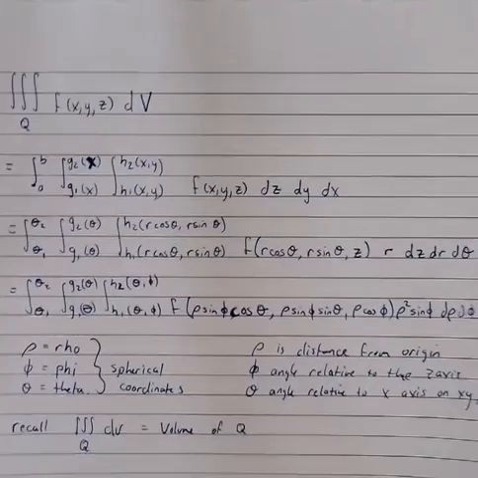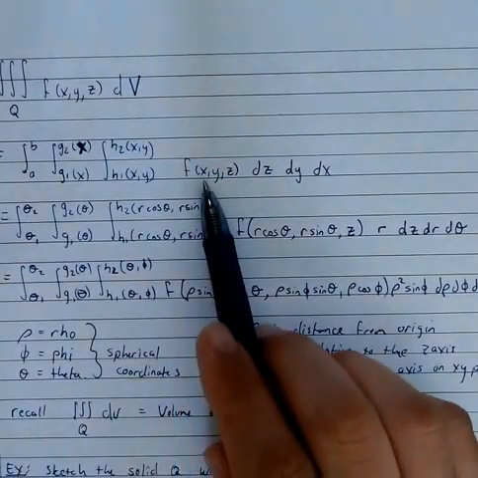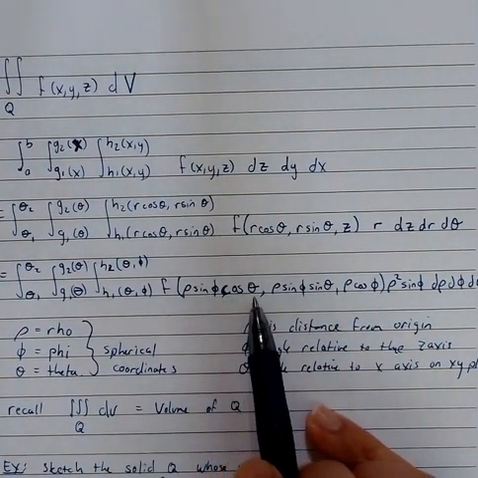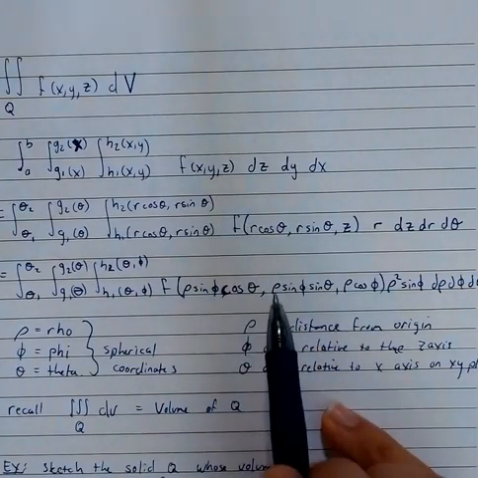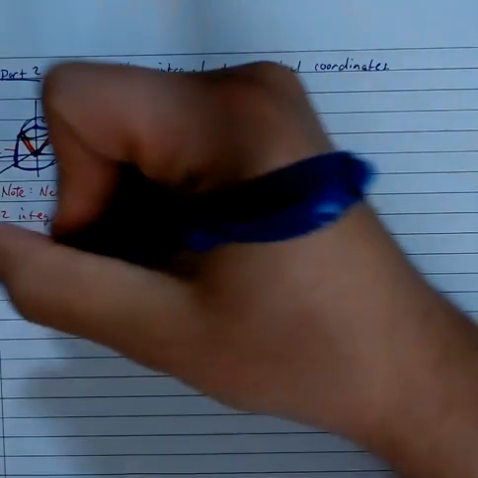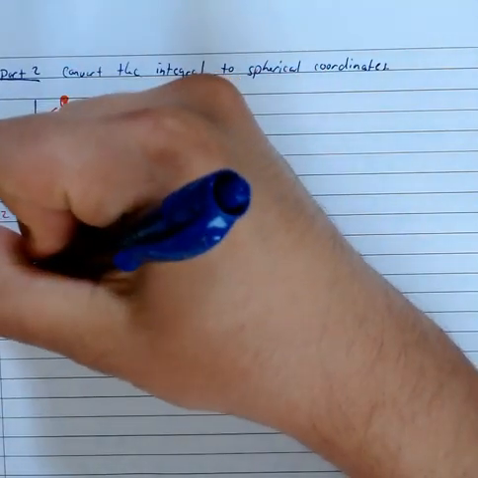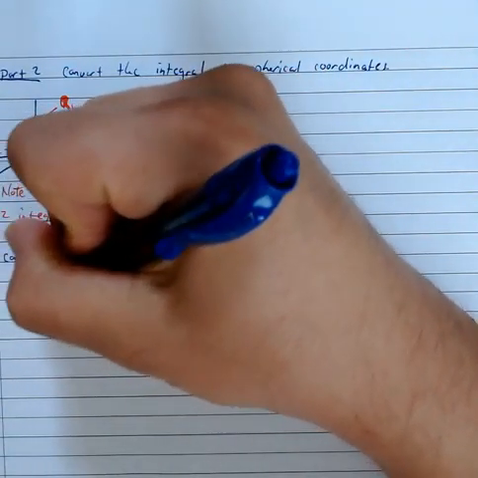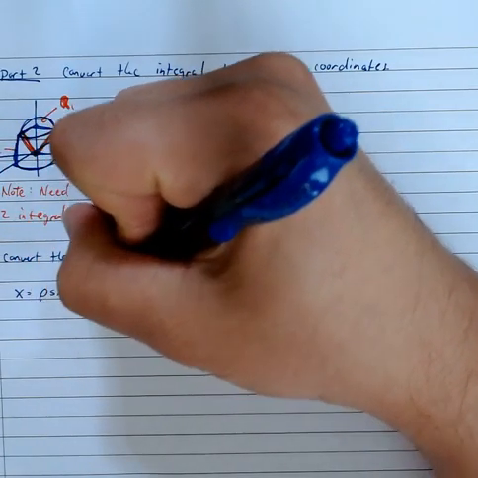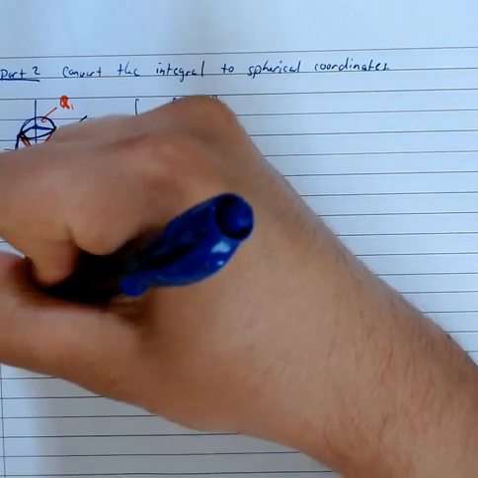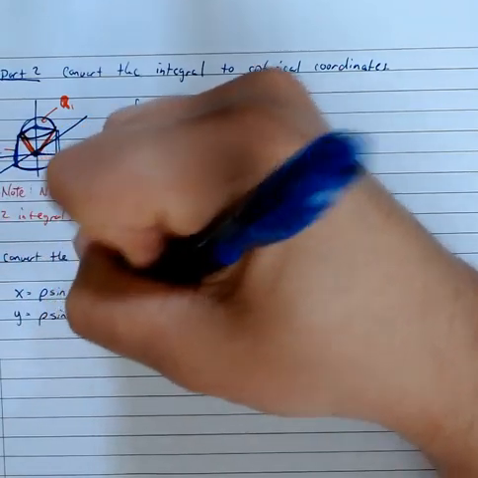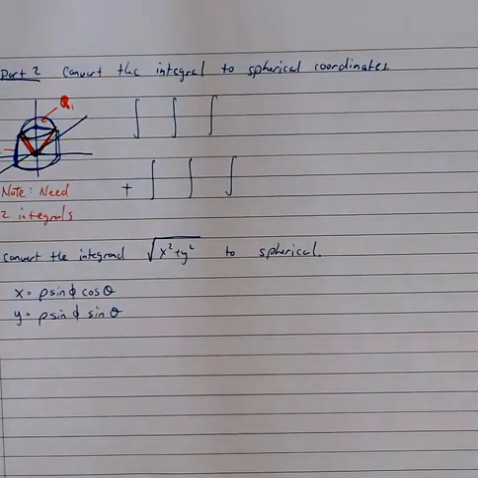At the very beginning, we saw that x in spherical is rho sine of phi cosine of theta, and y is rho sine of phi sine of theta. So x is equal to rho sine of phi cosine of theta. Y is equal to rho sine of phi sine of theta, just like that.